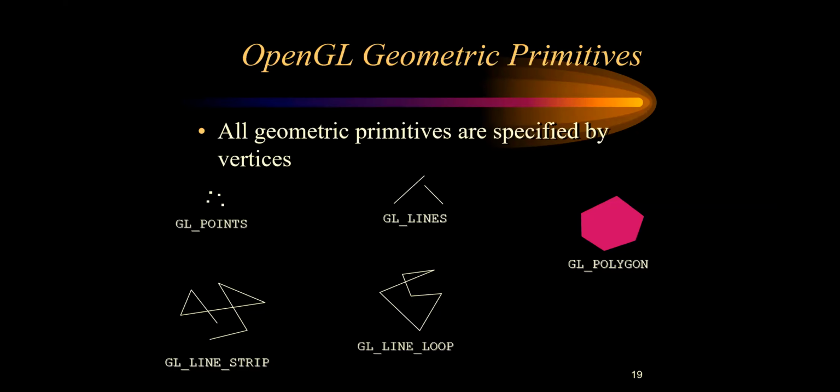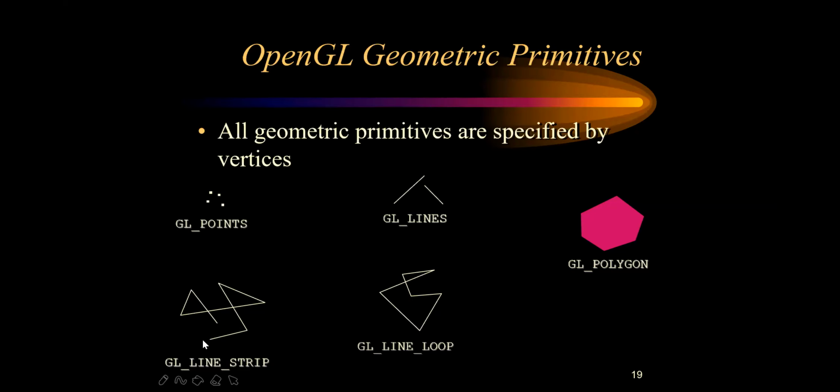Now there is a difference between GL lines and GL line strip. What do you mean by GL line strip? The lines get connected with each other, but there is no connection between the beginning point and the end point.